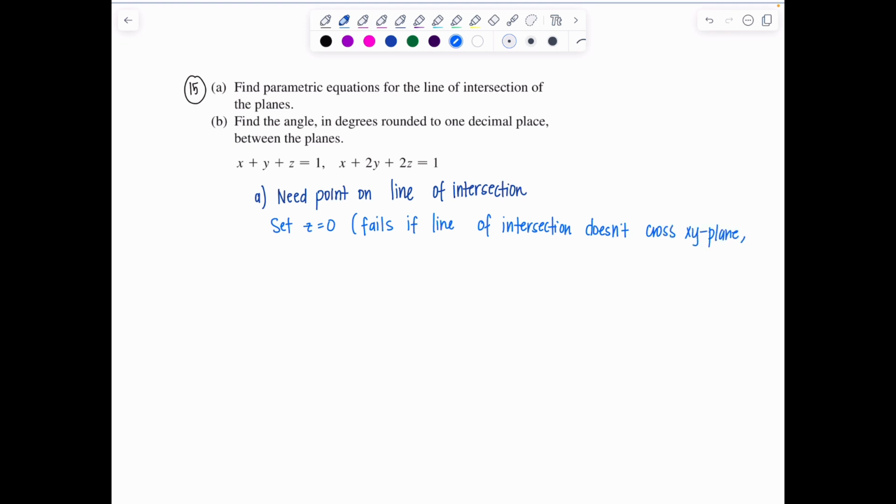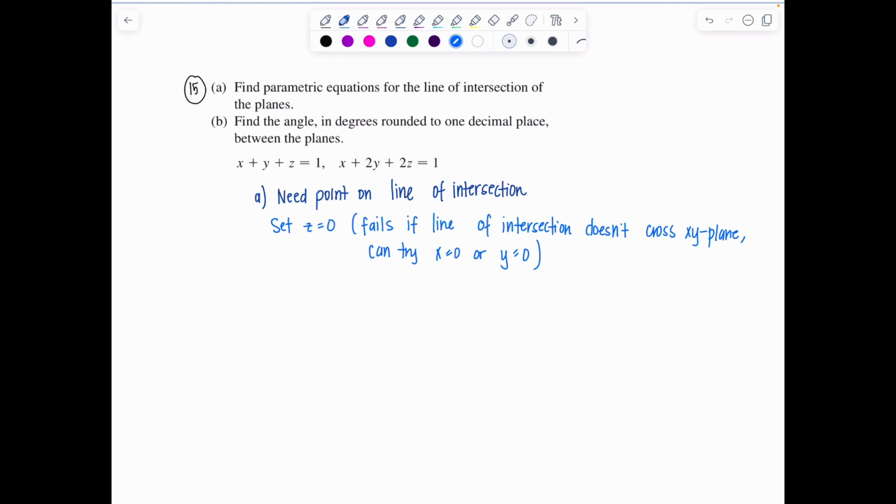So then you're like, well, how would I know? Because you run into an issue. So if it fails, then afterwards you can try something else. You can try x equals 0 or y equals 0. And don't worry, at that point something will work. I won't give you something so demented that you can't find a point on the line of intersection easily.